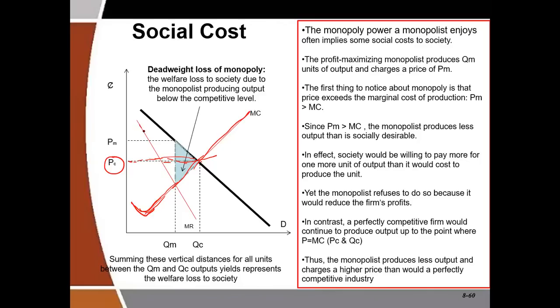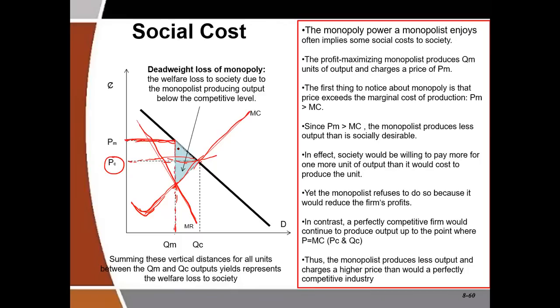So this is the marginal revenue curve here. Where marginal cost meets marginal revenue, that is the equilibrium output for a monopolist. And when we trace it to the demand curve, as we did a short while ago, then you get the price of a monopolist. So this is the price of a monopolist.